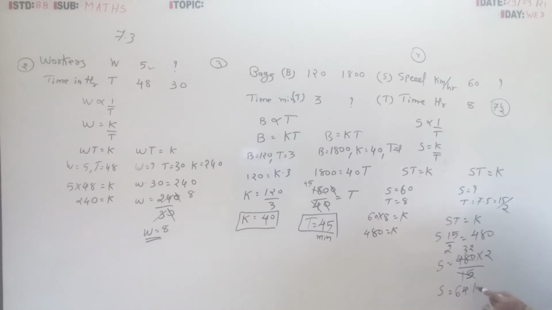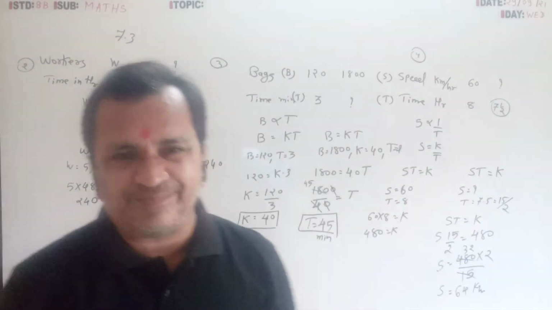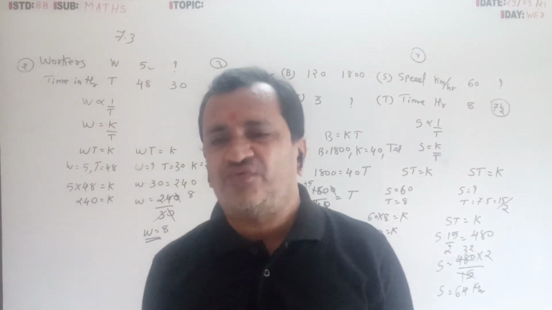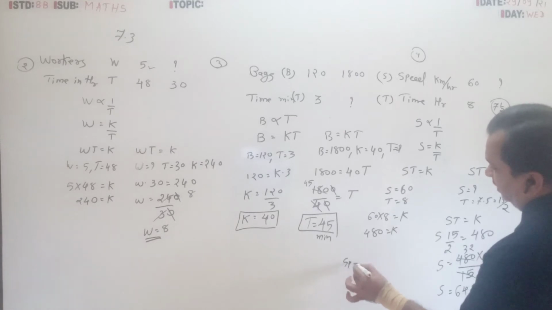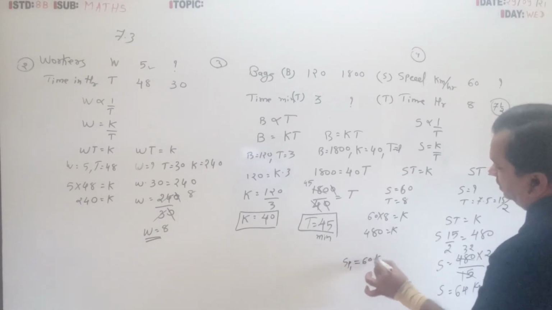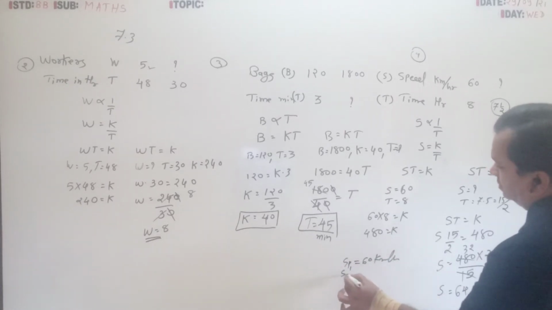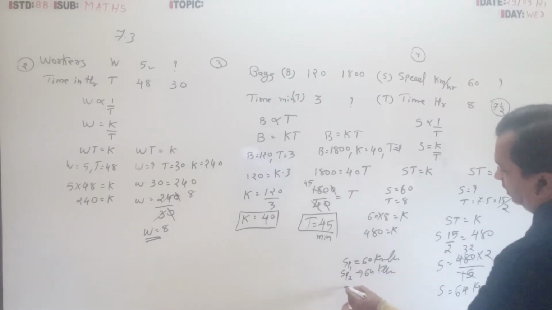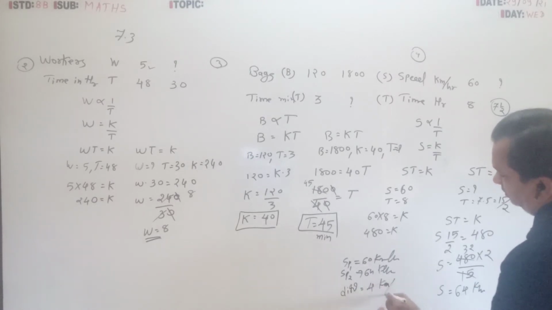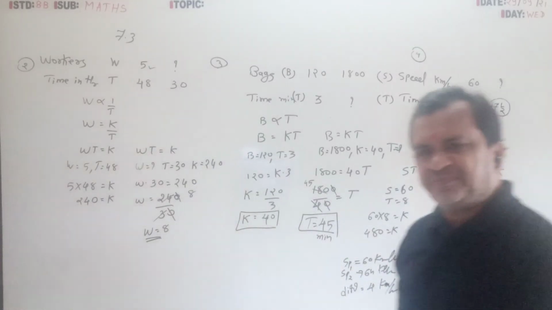This is kilometer per hour. So the starting speed was 60 kilometer per hour, the final speed is 64 kilometer per hour. The difference is 4 kilometer per hour.